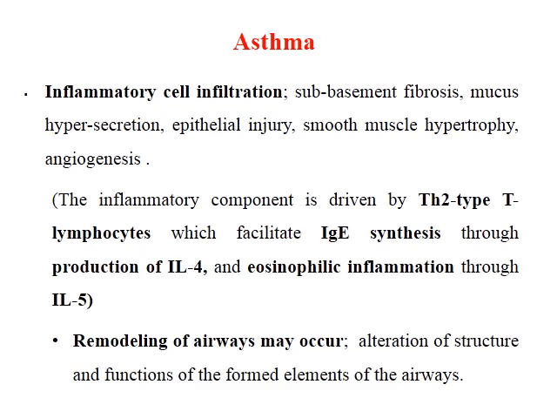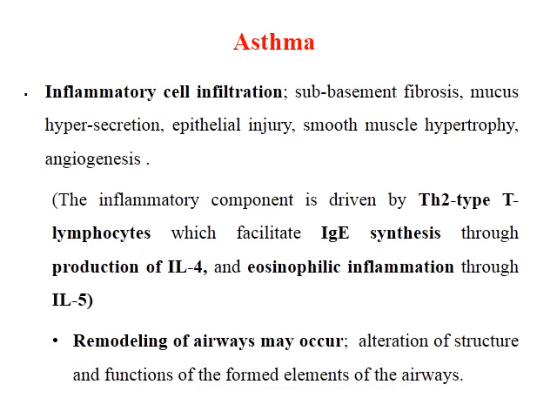Starting with inflammation. Inflammation can occur due to cell infiltration caused by subbasement fibrosis, overproduction of mucus, epithelial injury, smooth muscle hypertrophy, and angiogenesis.